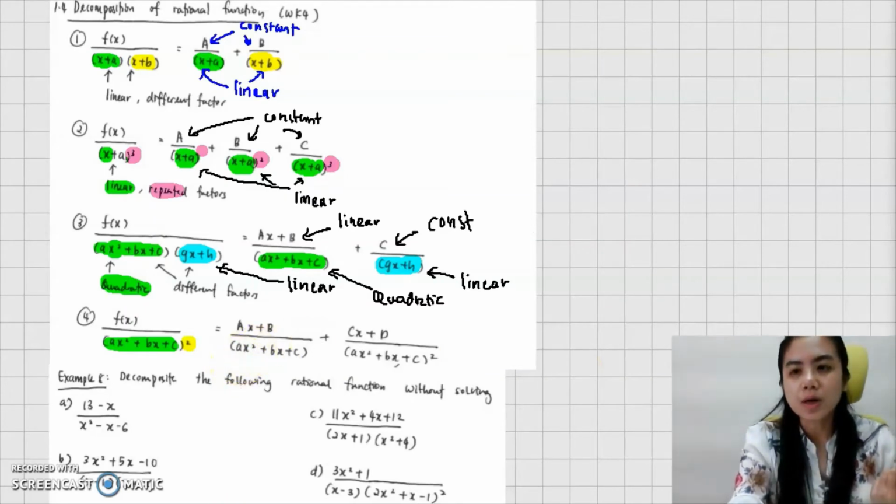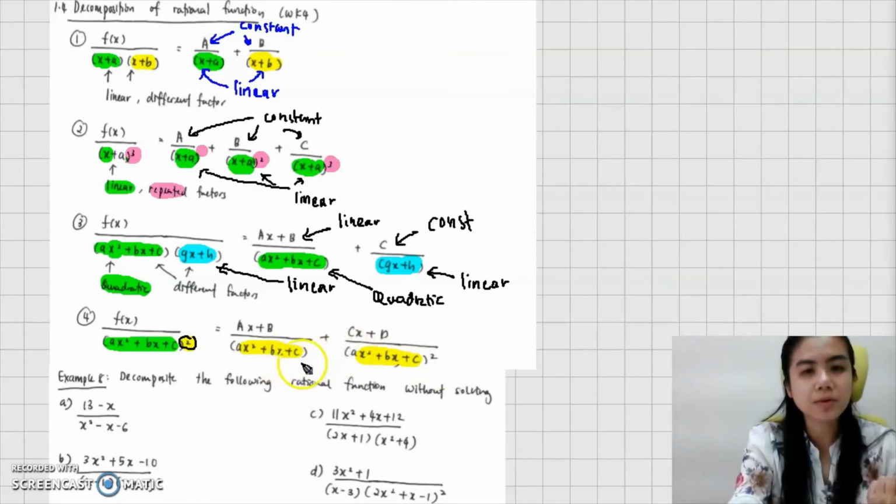So that's why we write the quadratic, and we repeat it until the highest power. The highest power that we have is actually power of 2. So this is power of 1 and this is power of 2, and this is quadratic.